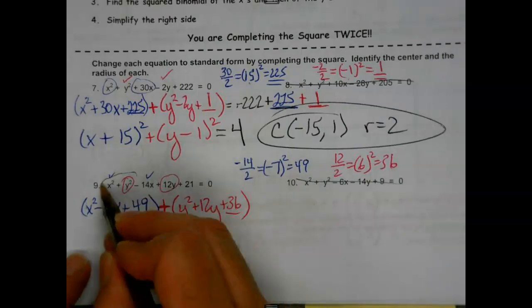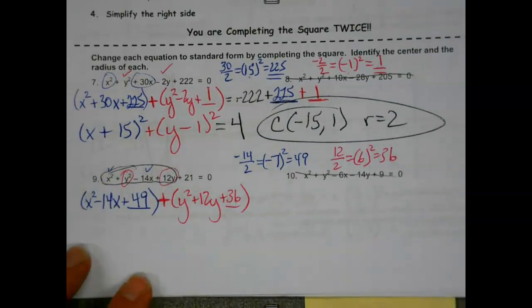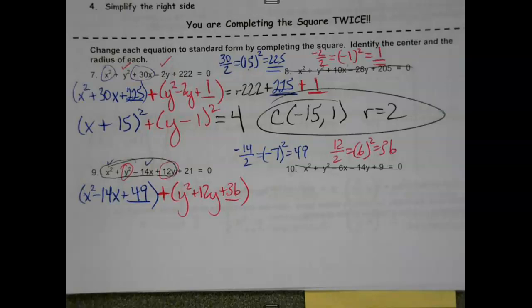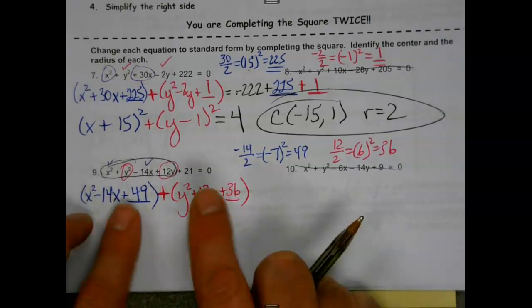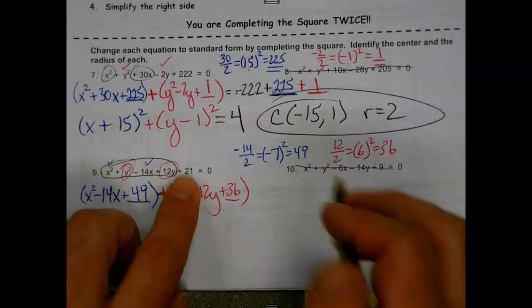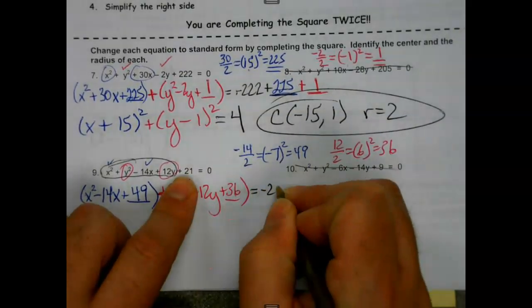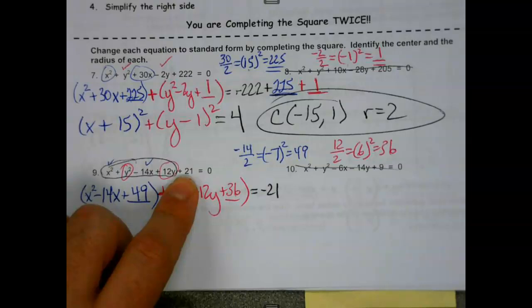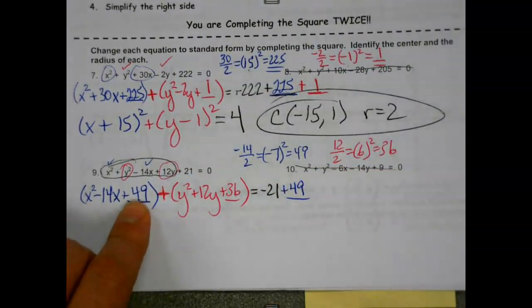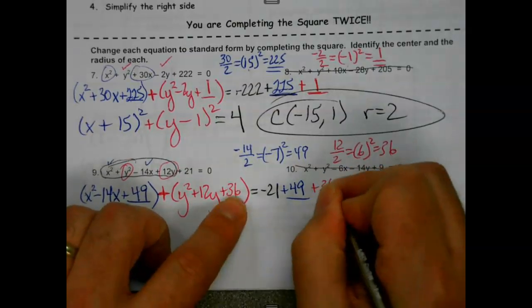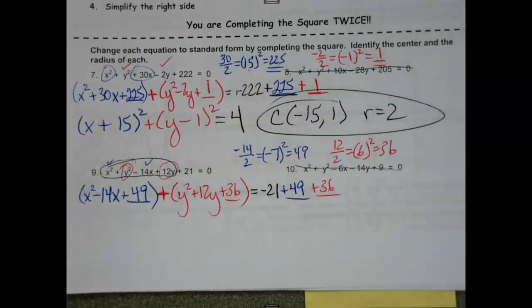So all the stuff that has anything to do with the variable has been worked through. But the variables, again, want their own thing going on. They don't want the 21 hanging here. So it moves to the other side, but it is going to be joined by both of our blanks.